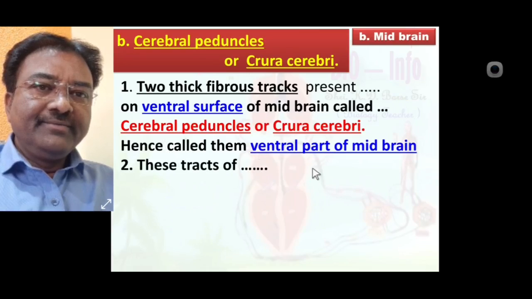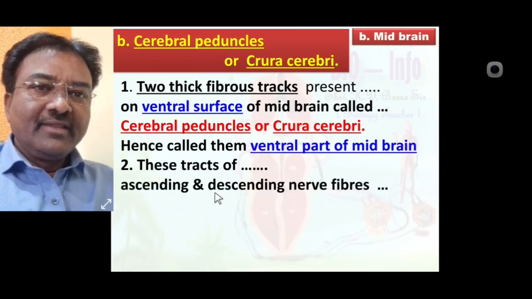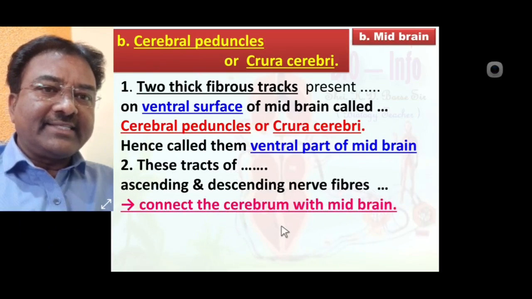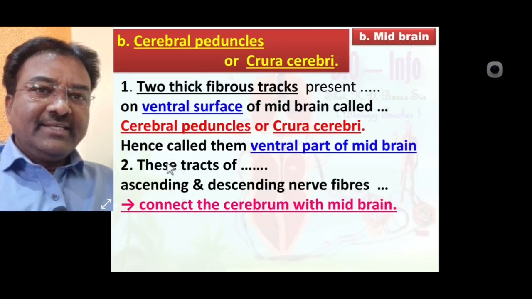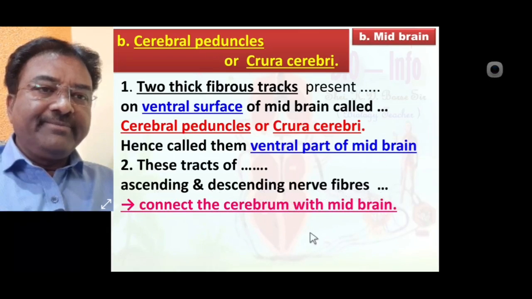Point number 2, the thick fibrous tract of the cerebral peduncle consists of ascending and descending nerve fibers. This tract of ascending and descending nerve fibers connects the cerebrum with the midbrain.